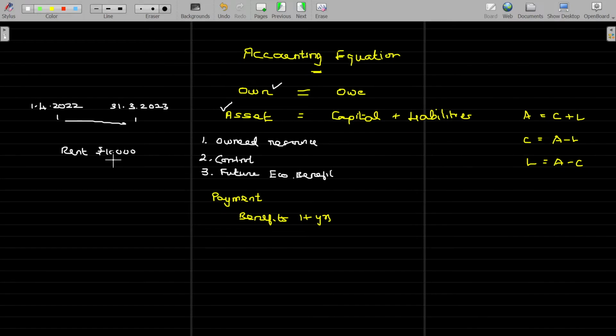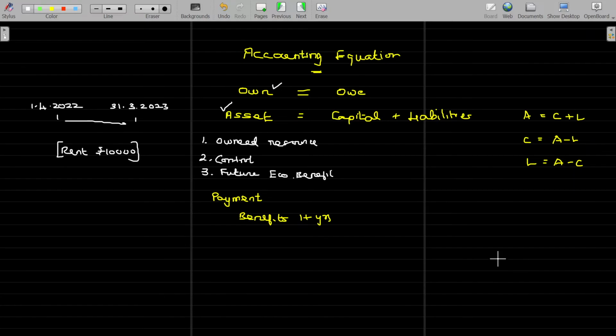I can enjoy the benefit only for that month. Then this rent will be expenses. The rental payment gives me benefit for that month only, and that benefit expires before 31st March. Thereafter, you are not allowed to stay.